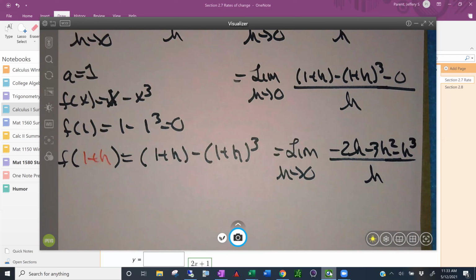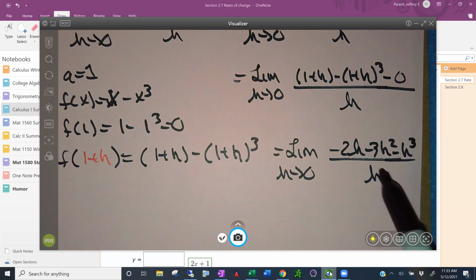Now, in these types of problems, you should always be able to get that h in the denominator to cancel out one way or another. I'm not going to give you problems for which that won't happen. We'll develop some rules later on that are going to make this process a lot simpler.